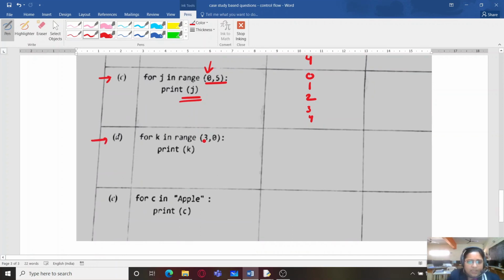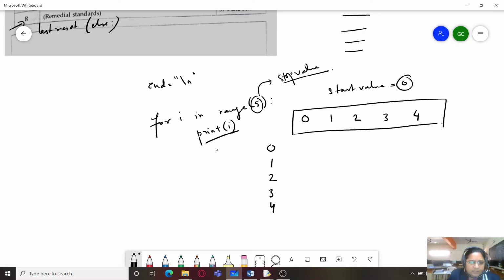Next, for k in range 3, 0. Now this thing is a bit different. As we can see, in the range function, the first value is normally the start index and the second value is the stop index. So start index should be less than stop if we are not providing a skip value over here.